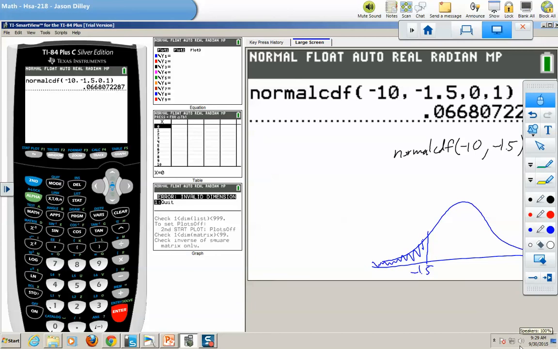Let's hear some of the lower ones that you guys did. 5, who did 5? What did you guys get? So at 5, we were accurate to 5 decimal places. What about at 4?